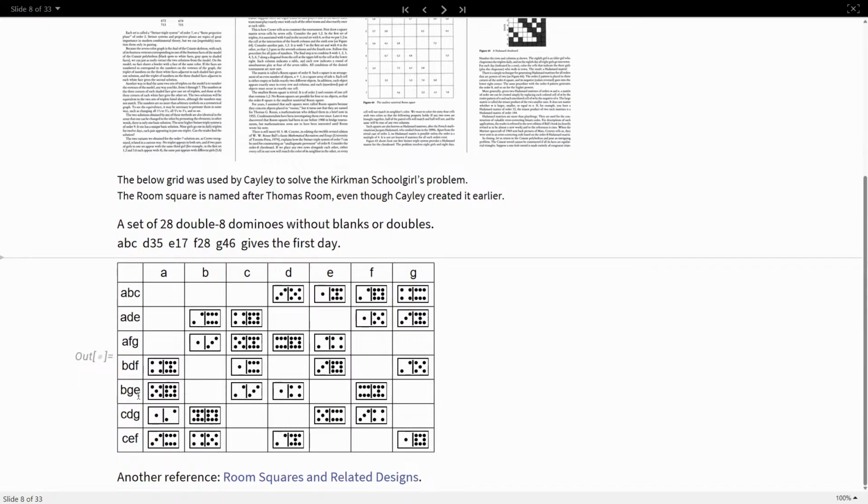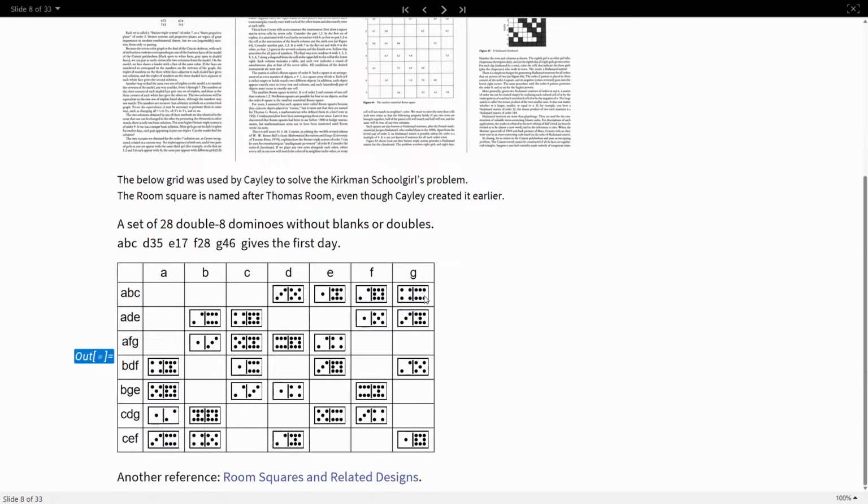That's what Cayley did. And then for the first day, each number and letter corresponds to one of the 15 schoolgirls. So one group for the first day is ABC walk together, D35, E17, F28, and G46.